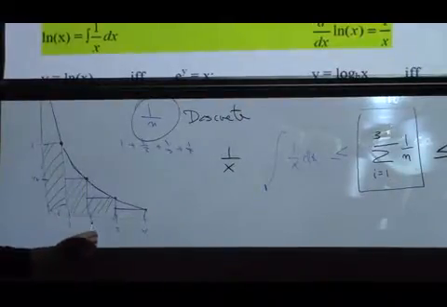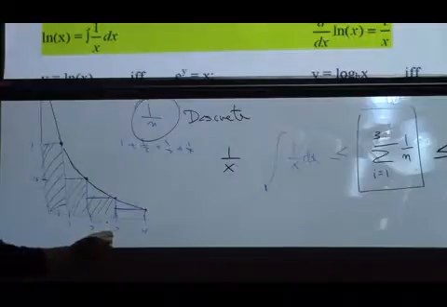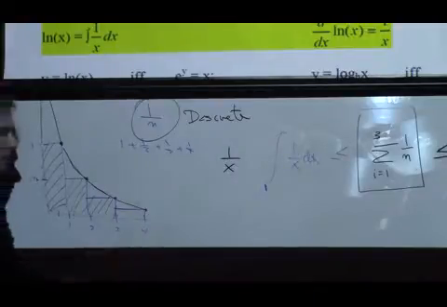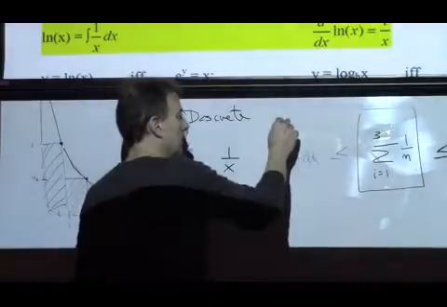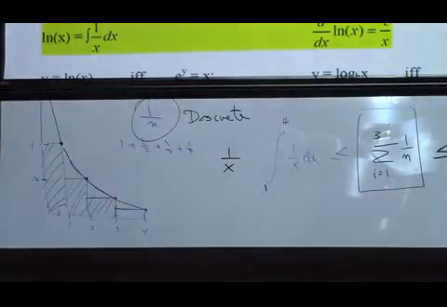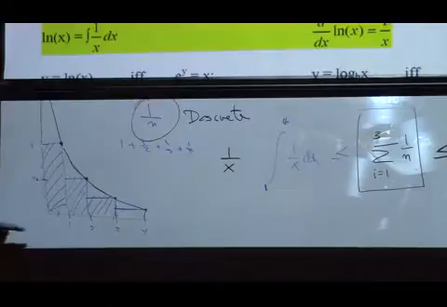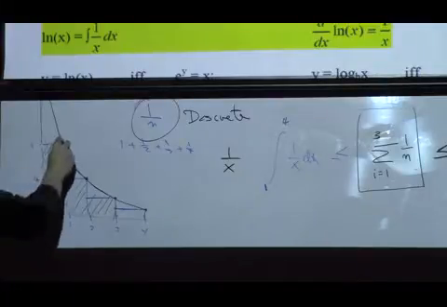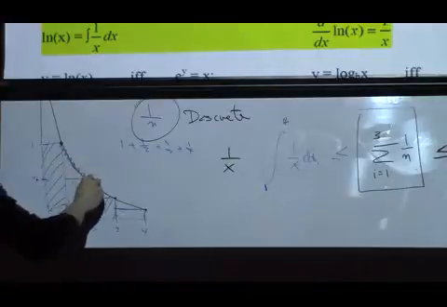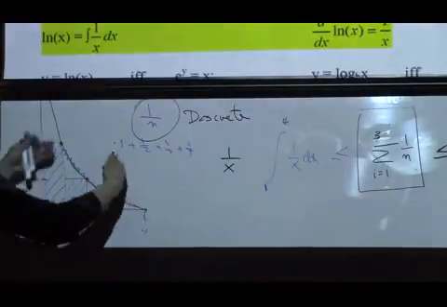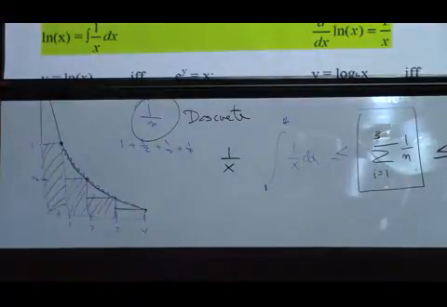So 1 to 2 gives me 1. To 3 gives me 2. I have to go to 4. So 1 to 4 is the area under the curve here. See what I'm shading here? Everything underneath that squiggly line is the area from 1 to 4.